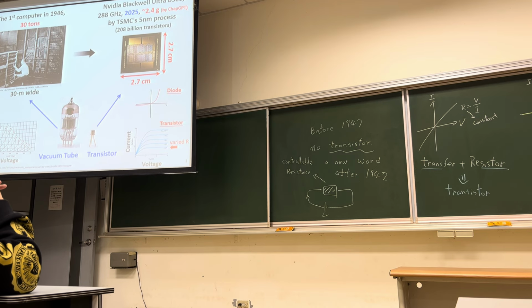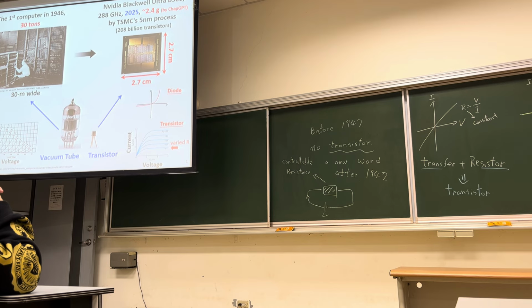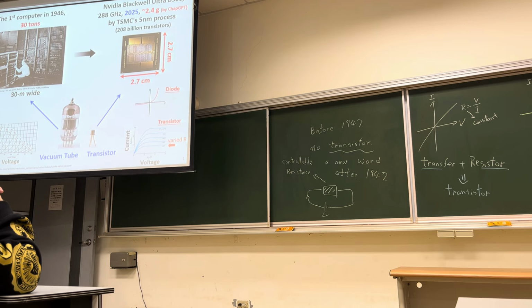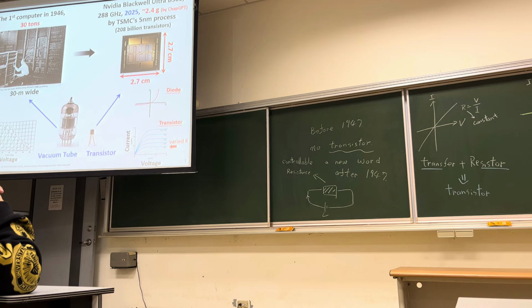What do you mean by stable? Stable means even if you change a little bit of the V in applied to the device, because this IV curve is flat after a certain voltage, it doesn't change much the output current, right? So this flat line, the saturation zone, is the key to provide a stable output current.